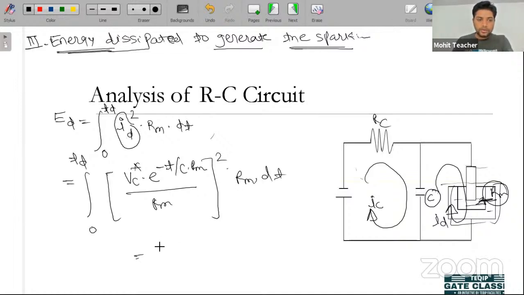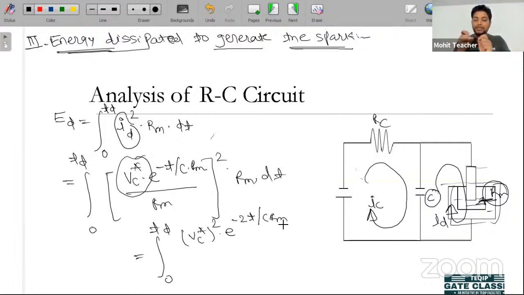Now integrating from 0 to TD, this will be VC star square into e to the power minus 2t by C RM, or e to the power minus t by C RM whole squared, the powers get multiplied, upon RM square.